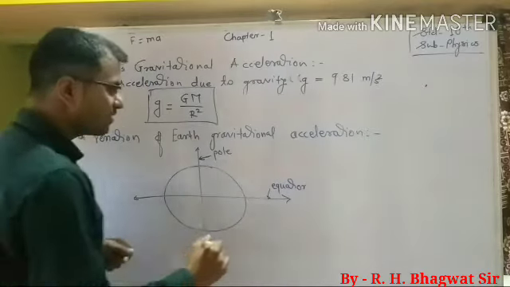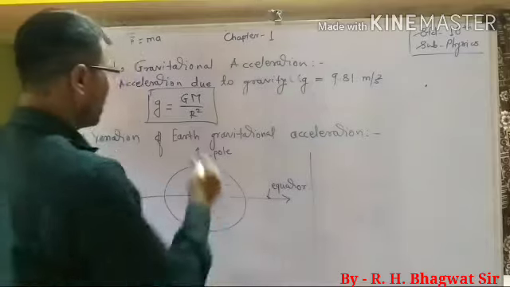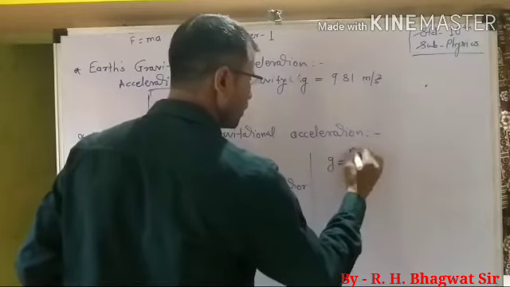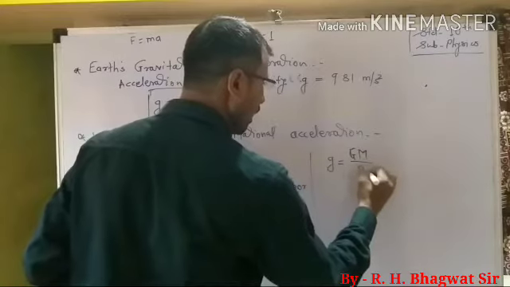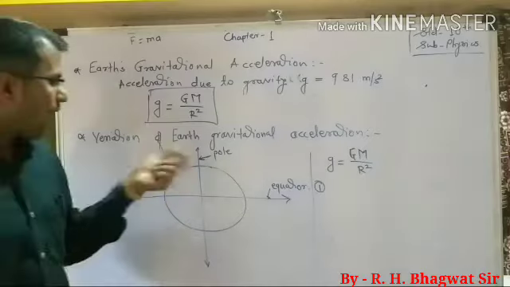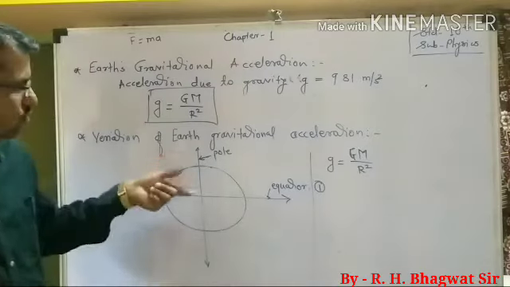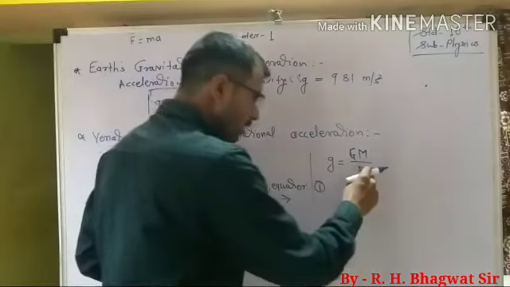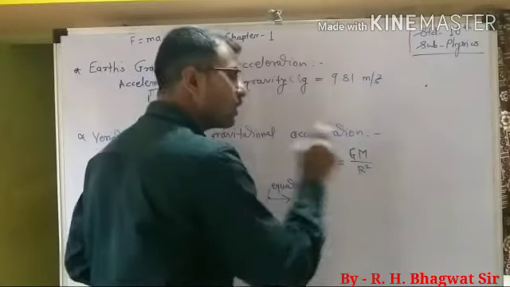Now, consider the equation g is equal to G into capital M upon R square. When we go to the pole, the radius of Earth is minimum, and the radius is in the denominator.